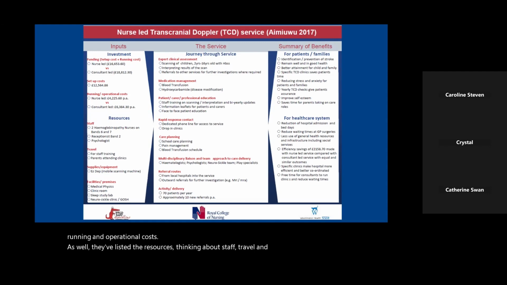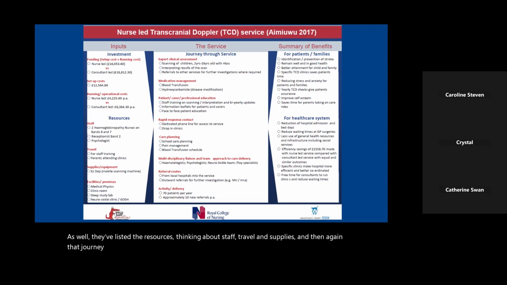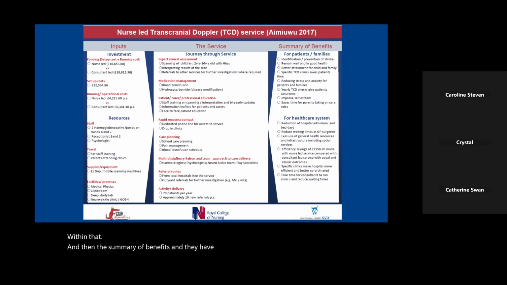And then again, that journey through the service, listing some of those activities. And then the summary of benefits. They have clearly defined the benefits for the patients and families, but also the benefits for the healthcare system as well.